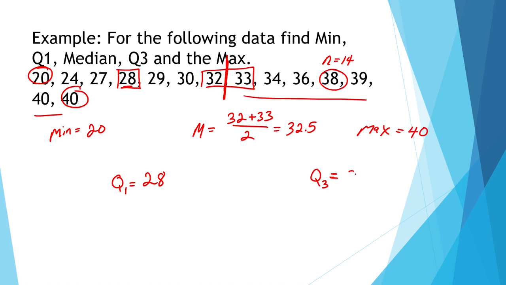So Q3 is 38. So we have the min is 20, Q1 is 28, the median, or also known as Q2, is 32.5, Q3 is 38, and the maximum is 40.